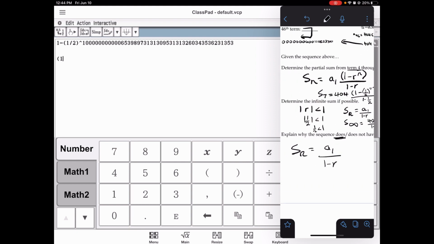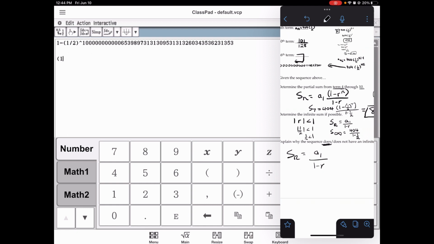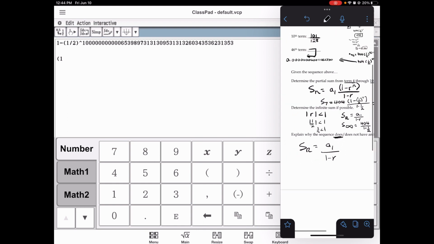Now let's say we're finding the sum of some outrageous number of terms, like 5 billion, 6 million, or something like that. So we'll plug it into this formula right here.